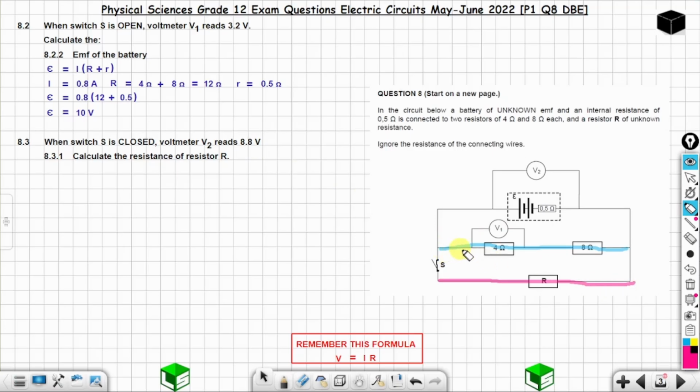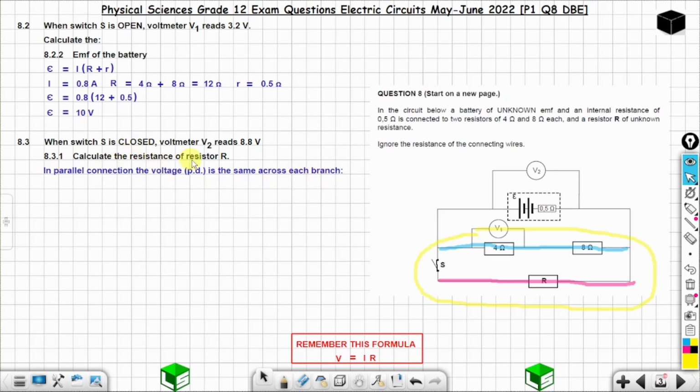On this branch the voltage is 8.8, and on this branch the voltage is 8.8 volts, and the voltage for this entire circuit is also 8.8 volts because you have a parallel connection. In a parallel connection, the potential difference is the same across each branch.